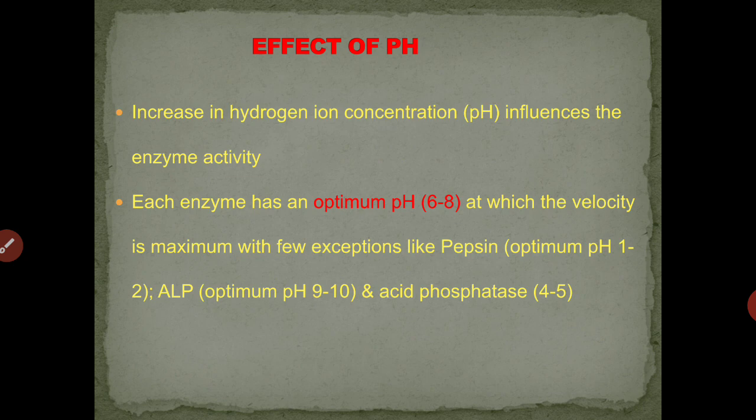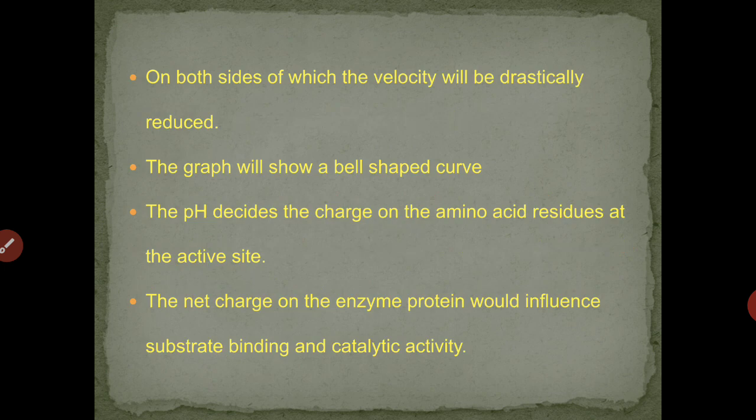At the optimum pH a maximum velocity will be observed, with a few exceptions like pepsin, which needs a pH of 1 to 2, whereas ALP is highly alkaline, at pH 9 to 10, whereas acid phosphatase requires pH 4 to 5. All enzymes except these will be active with an optimum pH of around 6 to 8, that is, they are active at our body pH.